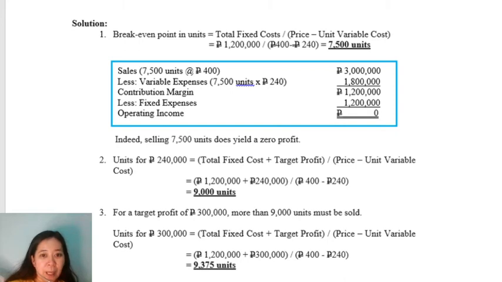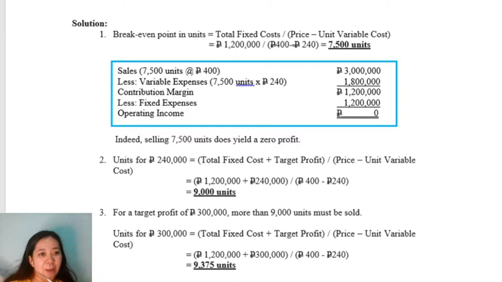The second requirement is, what if the company desires a 240,000 target profit? How many units should the company sell? Here, again, using the formula that we have presented for determining the target or desired profit, that is total fixed cost plus your target profit divided by price minus unit variable cost, or CM per unit.